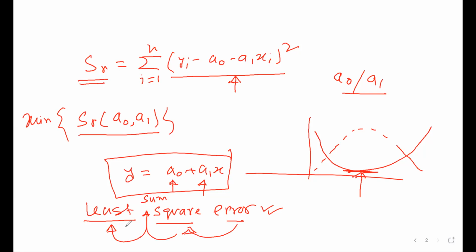Now tell me, if we differentiate this equation, say equation 1, which is sometimes called the residual error, the square of the residual equation, you see that S_r is a function of A0 and A1. If we want to find the optimum values of A0 and A1, what do you need to do first?